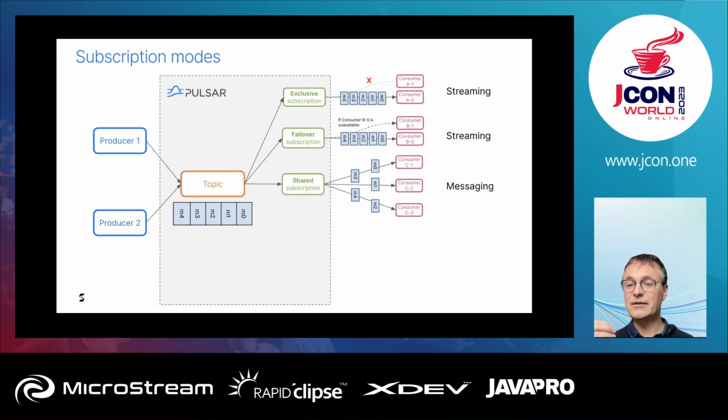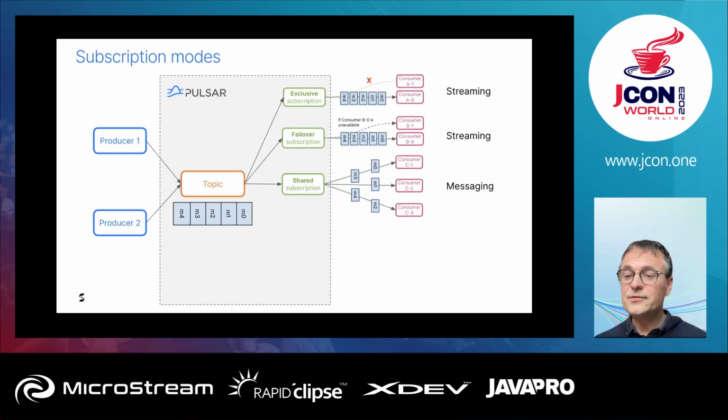So when we are talking about these different subscription modes, we talk about how some of them are more useful in messaging domains versus streaming use cases. So failover and exclusive modes are very useful for streaming, and shared is useful for messaging.